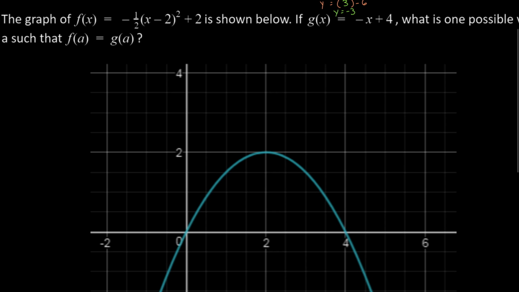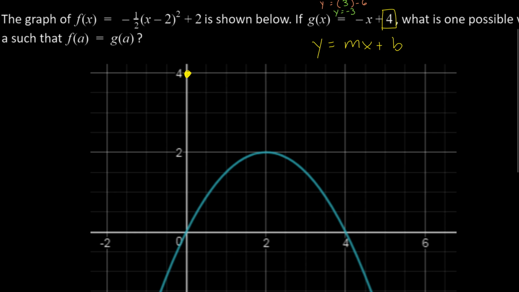Maybe. The y-intercept is positive 4. Remember, a line is written in y equals mx plus b. The b value is your what? Y-intercept. So where does this line intercept the y-axis? At 4. At 0, 4. Then where do I go from there?